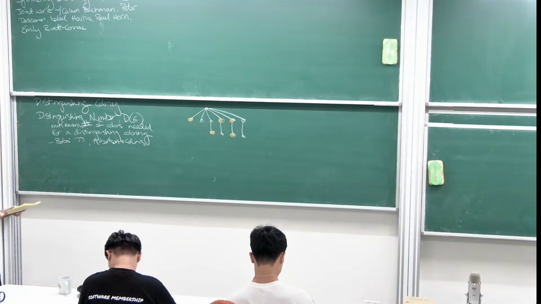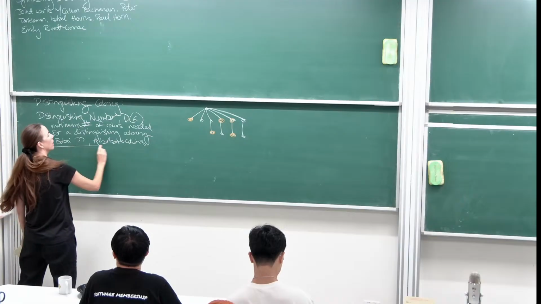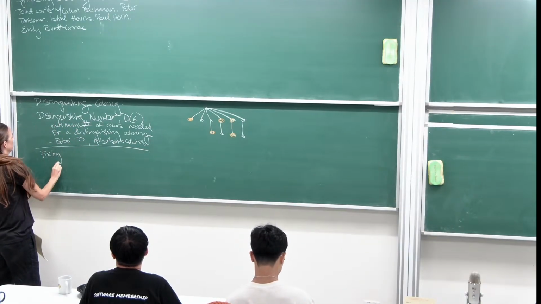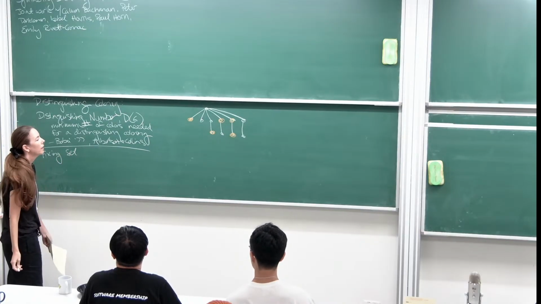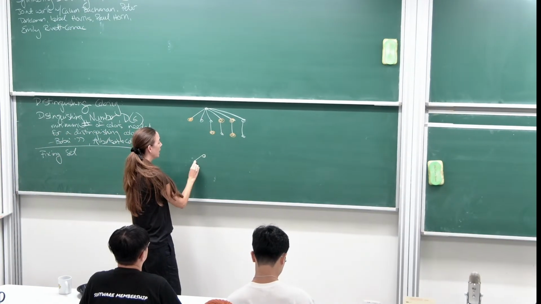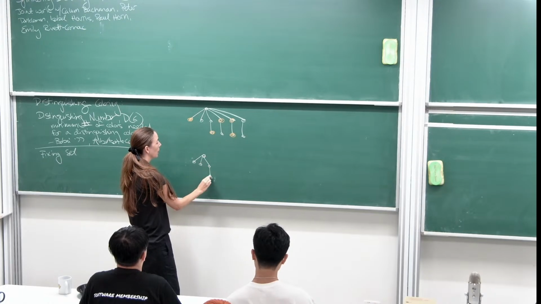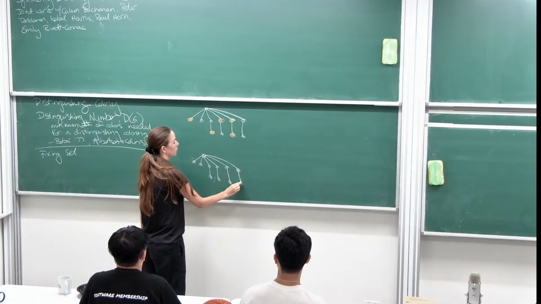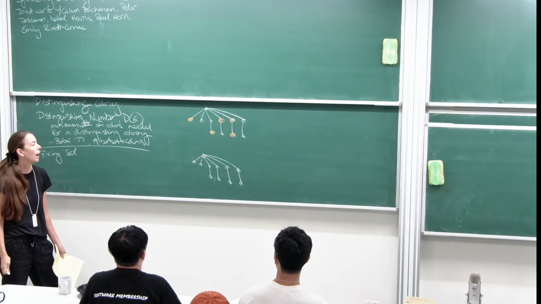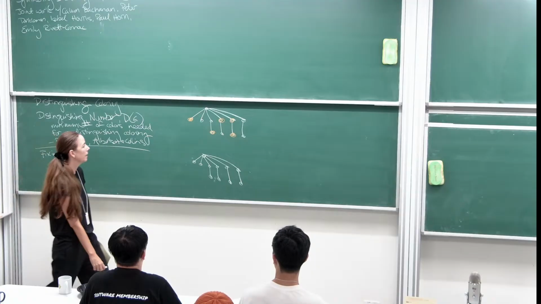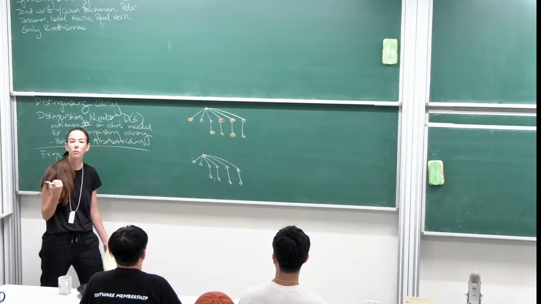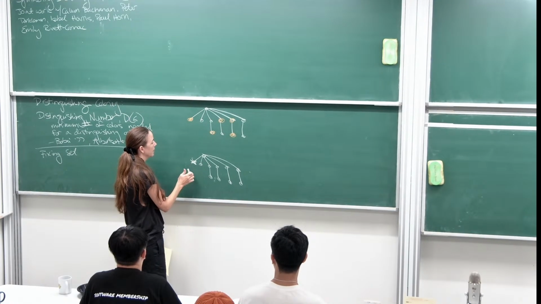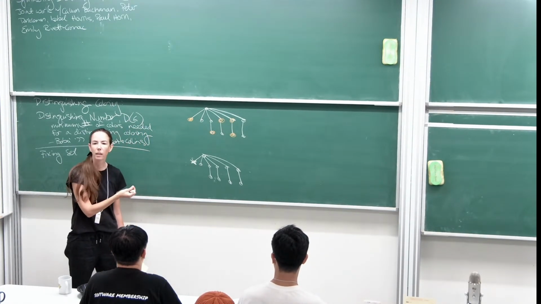Okay, so this is one parameter. The other one that I'm interested in looking at is what's called a fixing set. Here, instead of placing a coloring on the vertices, though you can interpret it in that way, I have the same motivation, which is that I'm trying to break the symmetry in the graph. But this time, I'm going to insist that certain vertices are fixed in place. For example, if I place an X here, what I'm saying is that any automorphism must fix this vertex.